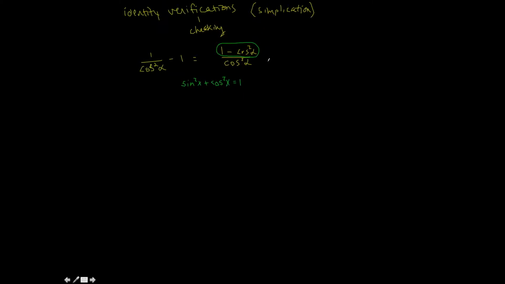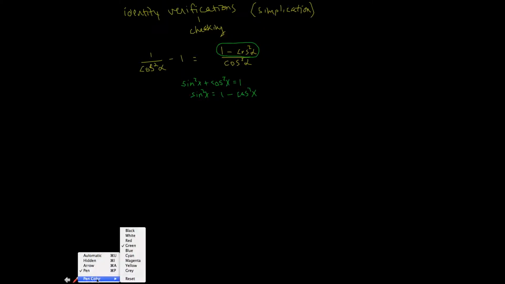I know that's hard to believe, but it is actually that one. Because all they have done is they have subtracted cosine squared x from both sides. And so sine squared x equals 1 minus cosine squared x. So see how, this is what I'm talking about with manipulation. You see how I manipulated that identity to get what I needed? Now that I know what 1 minus cosine squared x is, I can directly substitute in.